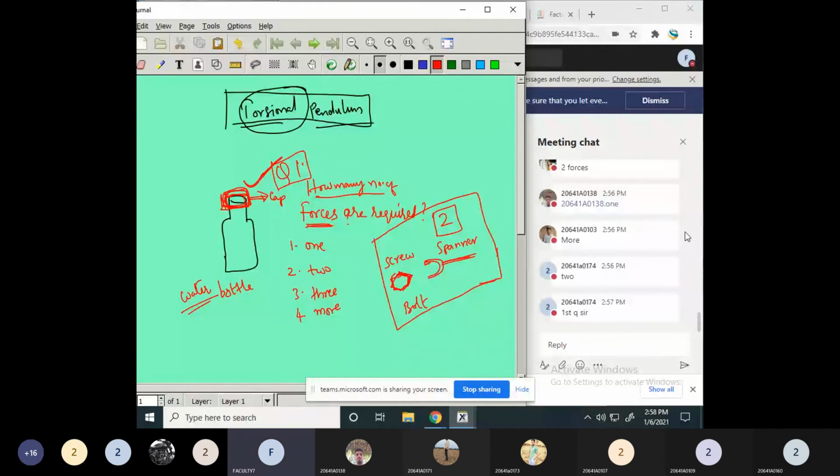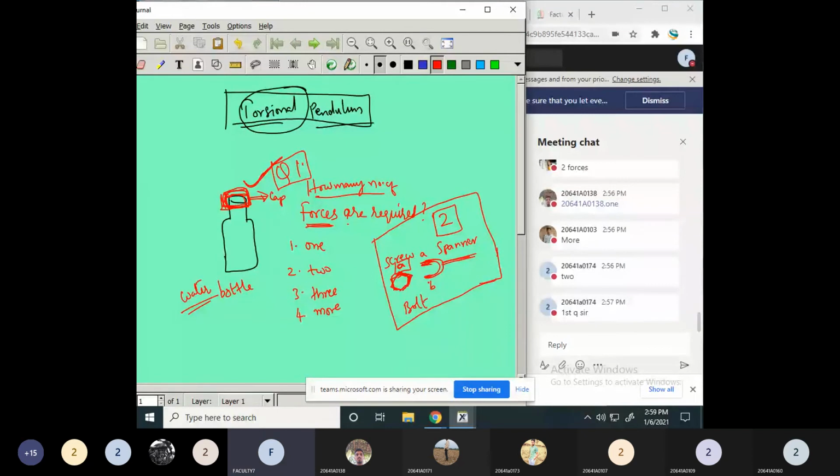Now see here, regarding this particular spanner, consider this part as A and this as B. If the spanner has only part A, A cannot remove this bolt. A cannot do the work.